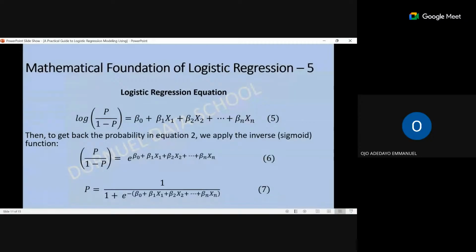Now, if you apply that to this, remember, anytime the log crosses the equation, it will turn to exponential. So the log here will turn to exponential and carry all these values. By the time it carries all these values, we're going to have exponential of beta naught plus beta 1x1 plus beta 2x2 up to beta n xn, which is equation 6.